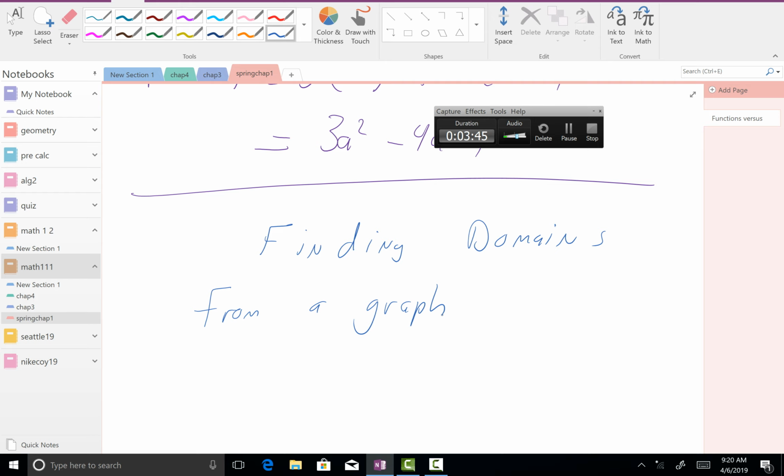If I bend it down, it's going to cover everything on the x-axis. So we would say the domain is all real numbers. The range, however, stops here. If I fold it inside, the range never comes down here on the y-axis.